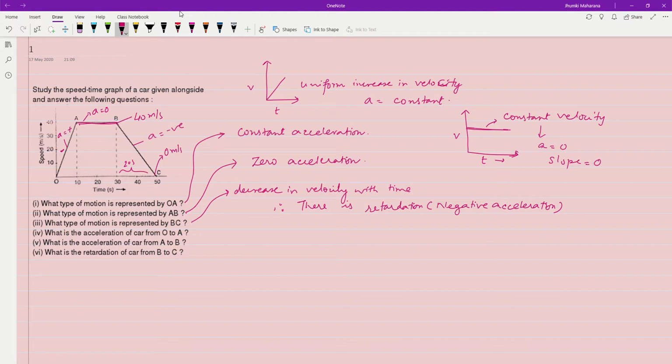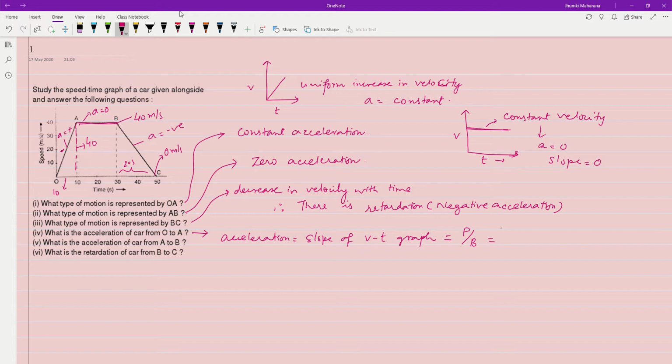Now the fourth question is, calculate the acceleration of the car from O to A. Now how to find acceleration? Acceleration is equal to slope of VT graph, and what is the slope? Slope is nothing but perpendicular by base. Now look at the graph now. What is the perpendicular? If you look at the perpendicular, this perpendicular is 40 and the base is 10.